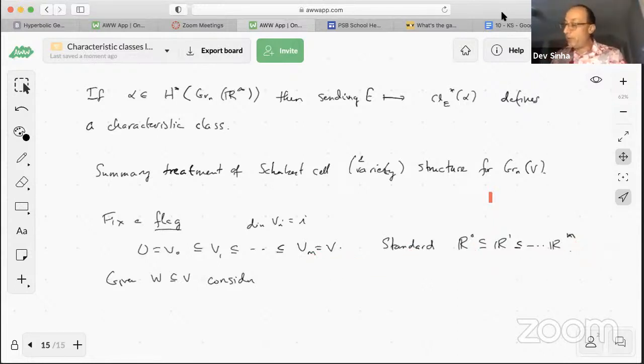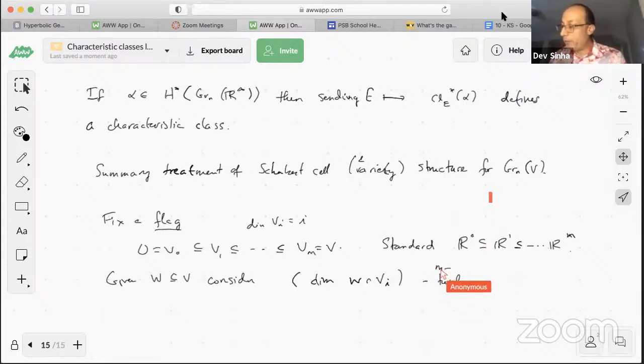That will help to be consistent with my notes later. So we consider the ordered set of numbers, which are the dimensions of the intersection of W with V_i. So this is a tuple of numbers, an m-tuple.